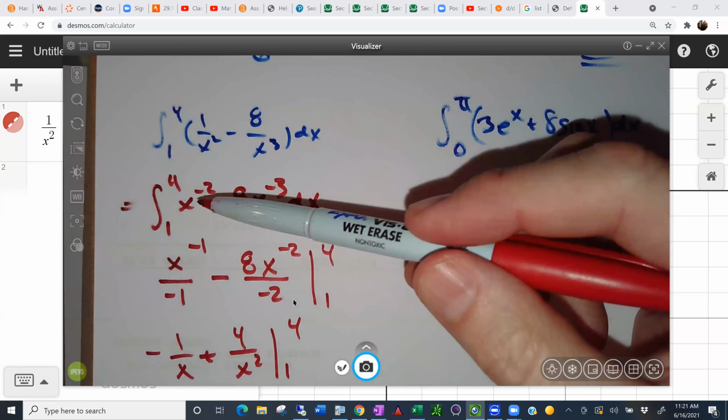Divide by negative 2. These match. And it's only after I've written this that I try to simplify. But make sure that when you're doing this, at least initially, you'll see that these match. And these match. Take your time in simplifying this. I see a lot of mistakes in people doing that.